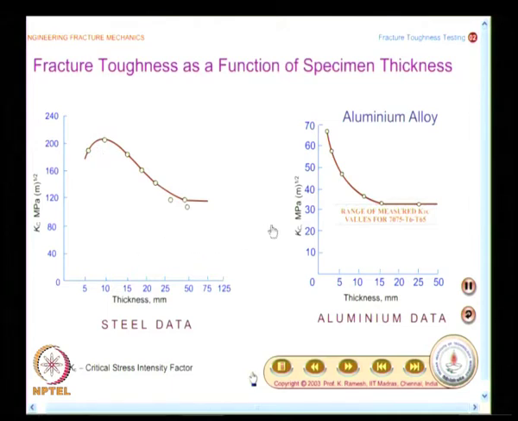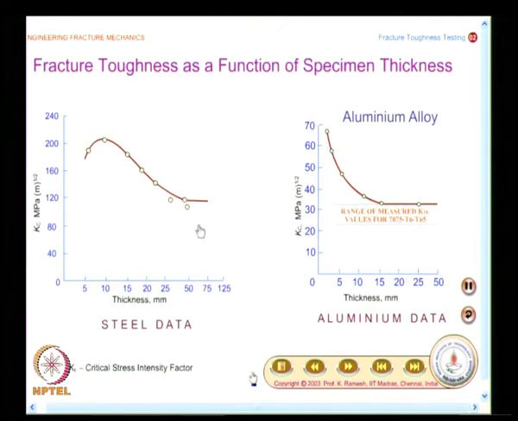And you also have a similar graph for an aluminum alloy. This is 7075 T6 T65. Here again you find the trend is from plane stress to plane strain, there is a drop in the value and it stabilizes around 35 MPa root meter. It can be as high as 70 MPa root meter in the case of plane stress.